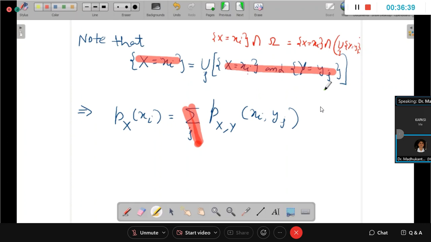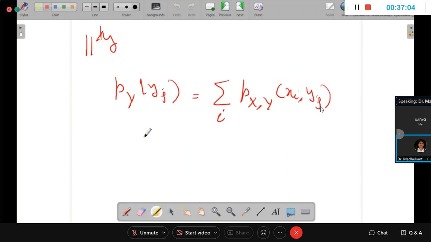If you sum up over j, that is, with respect to the y variable, you will get the marginal PMF of x. If you sum up with respect to the x variable, the first variable, you get the marginal PMF with respect to the y random variable. So this discussion is over.